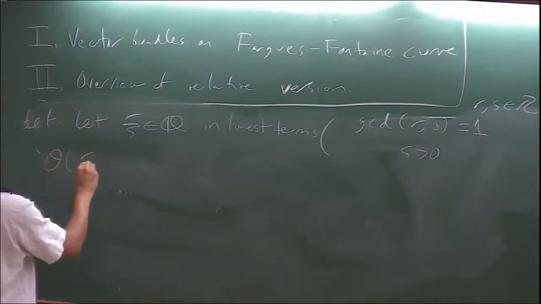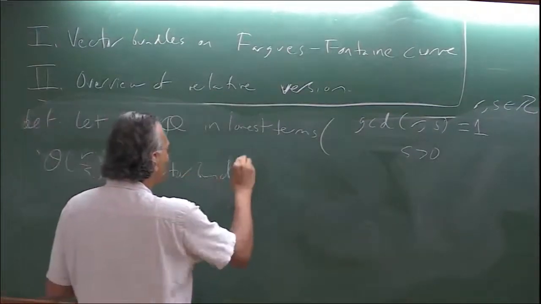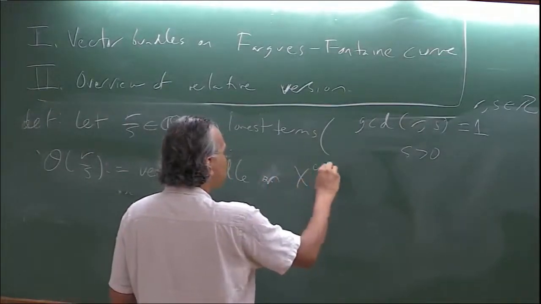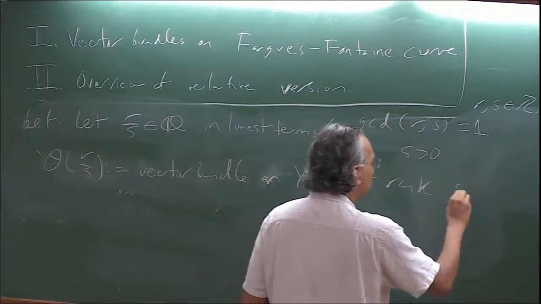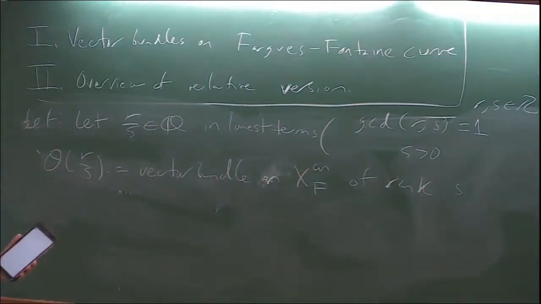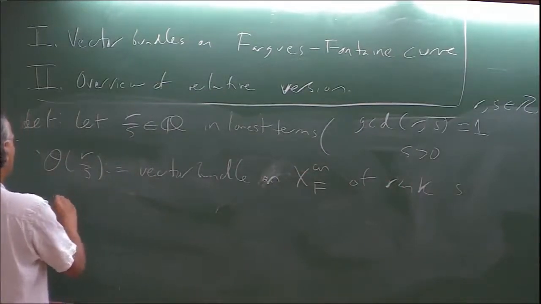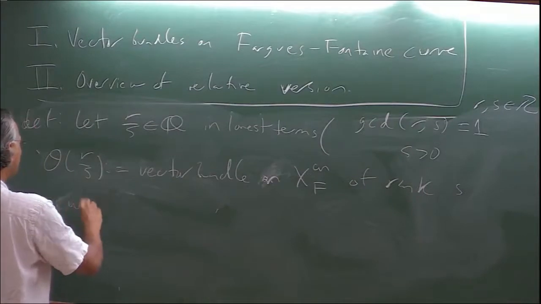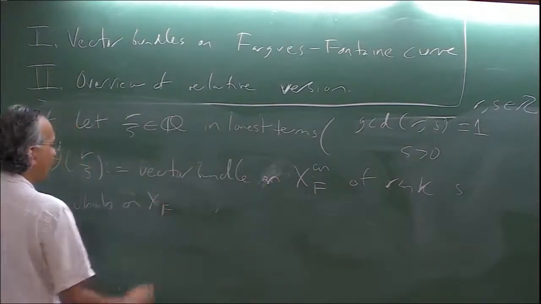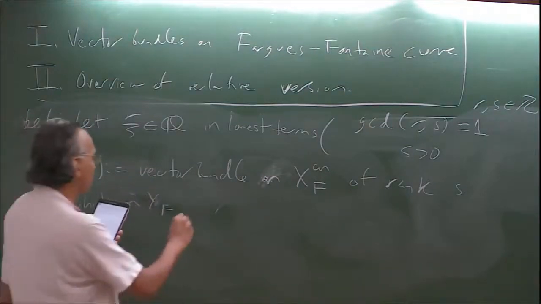So O of R over S is by definition the vector bundle, well, I'm first going to define it on the analytic side. It's going to have rank S. That's a positive integer, so that makes sense. If I pull it back to Y_F, just like O of n, this is going to be trivial.